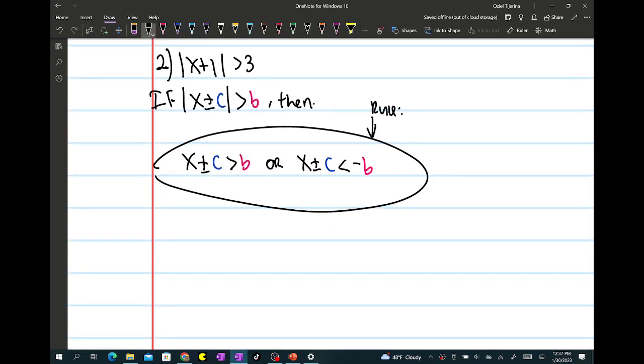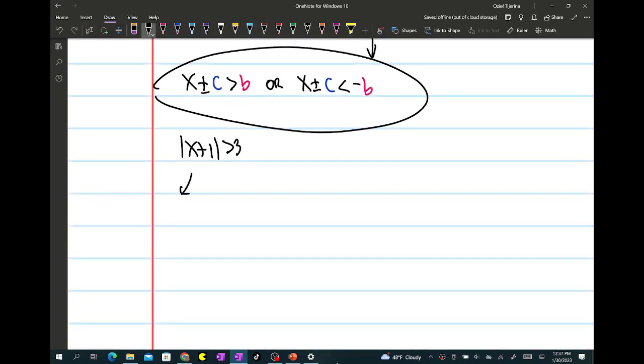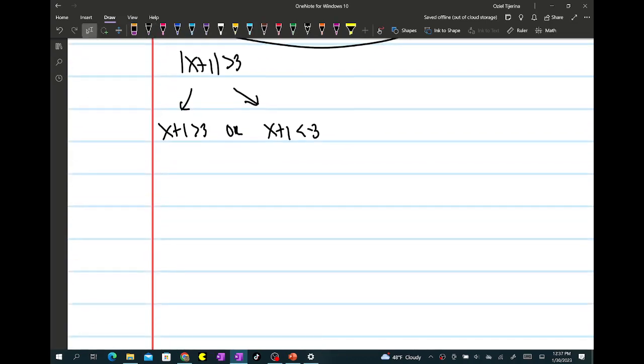So using this rule, we can say the following: x plus 1 greater than 3. So then we have two things. We have x plus 1 is greater than 3, or x plus 1 is less than -3, right? So then we're just going to solve each inequality for x, right?